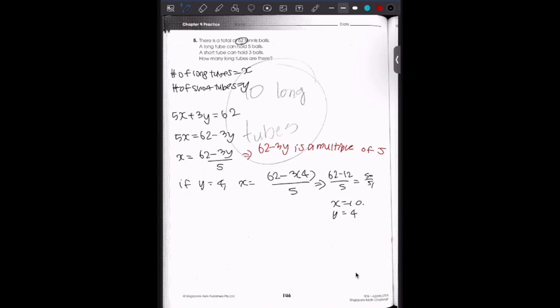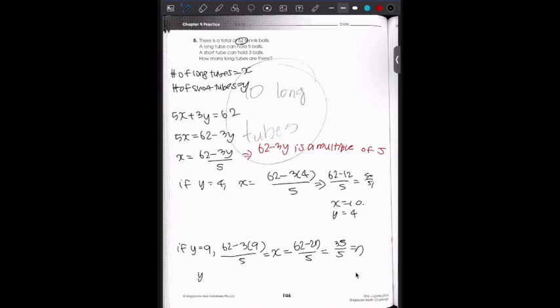Now we have two solutions for this problem. So if y is 9, then 62 minus 3 times 9 over 5 is going to be x, and so x is going to be 62 minus 27 over 5, and so that is going to be 35 over 5, which is 7.